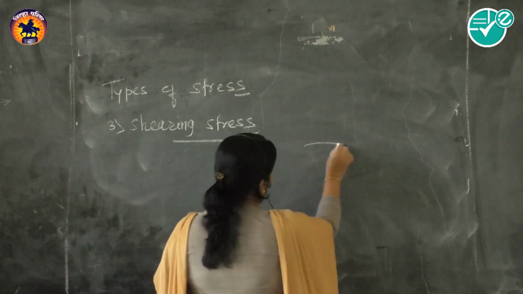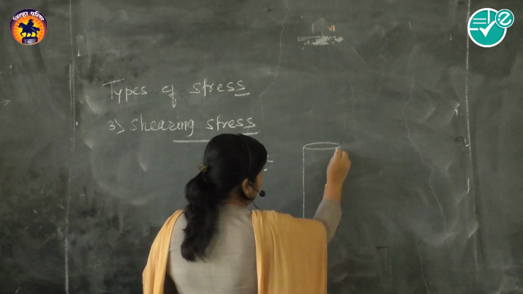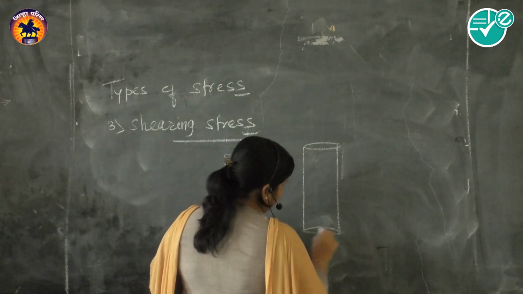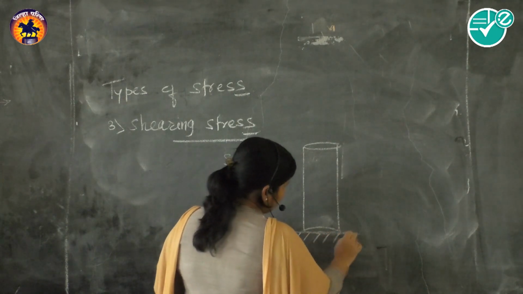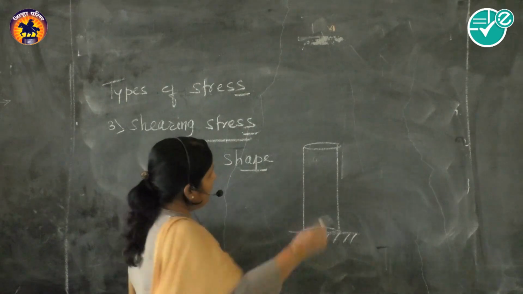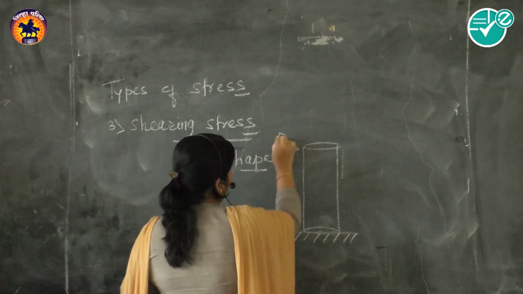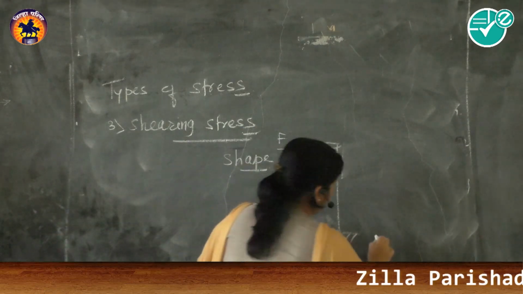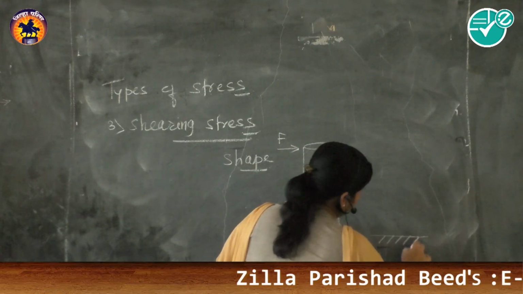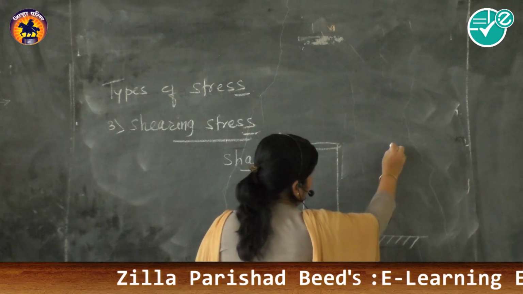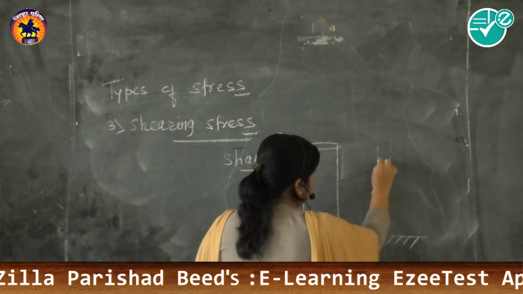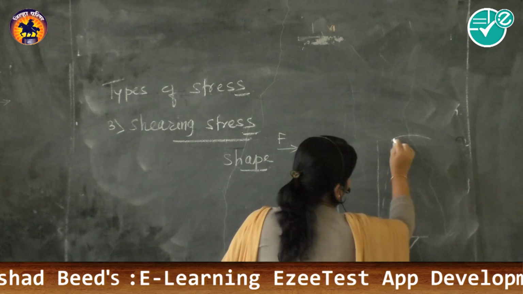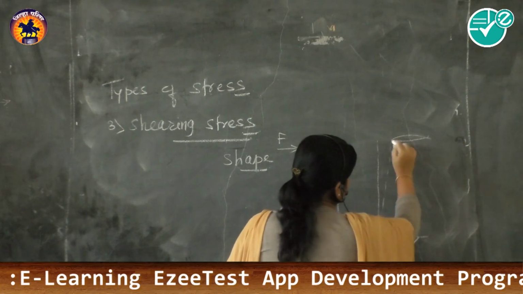For this we take one example. We take one cylinder whose one end is fixed, and we apply some tangential force to the top of this cylinder, and because of this application of tangential force, this cylinder has a shape like this.